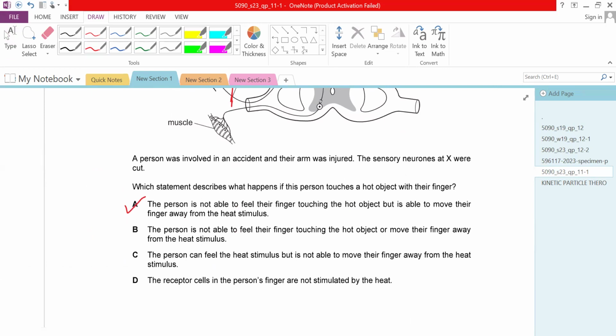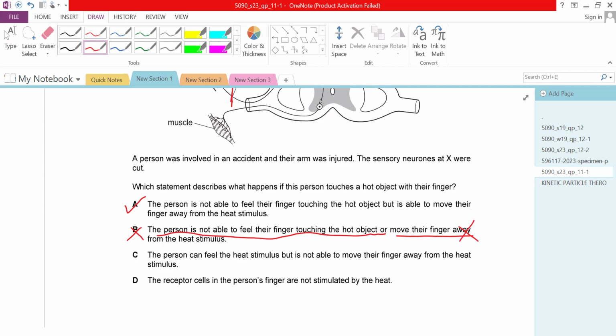Option B is the person is not able to feel their finger touching the hot object or move their finger away from the object. Option B is incorrect because its first statement is correct, similar to the above one, but its next statement, that the person cannot move their hand from the heat stimulus, is incorrect. So option B is also incorrect.